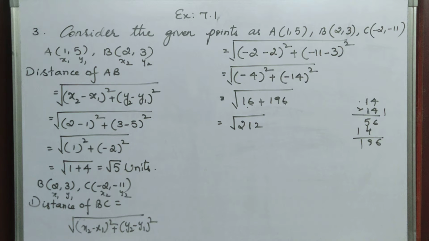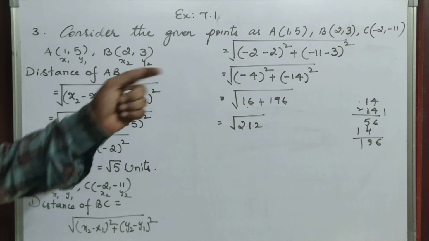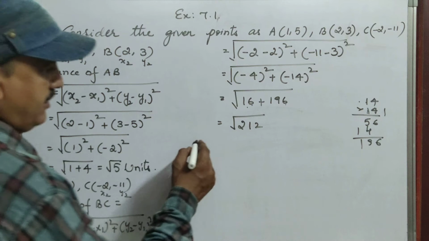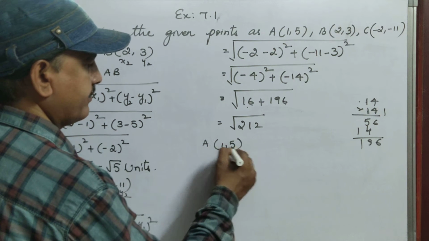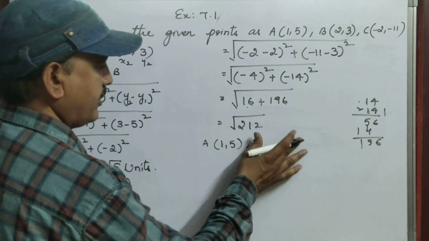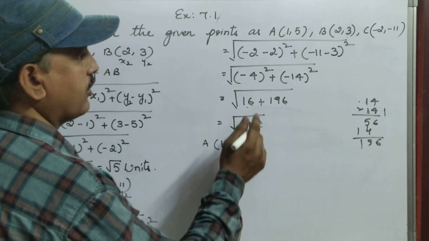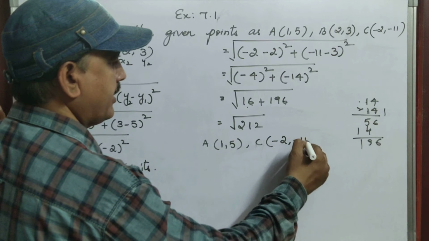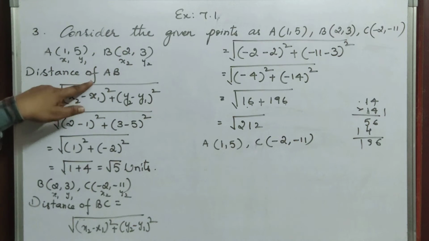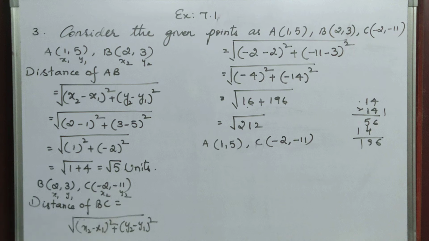Okay, that is the distance of BC. Now what to find now? AC. A value is 1, 5. C value is minus 2, minus 11. AB finished, BC finished, now AC.